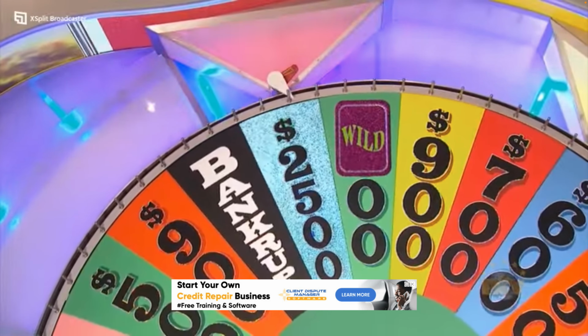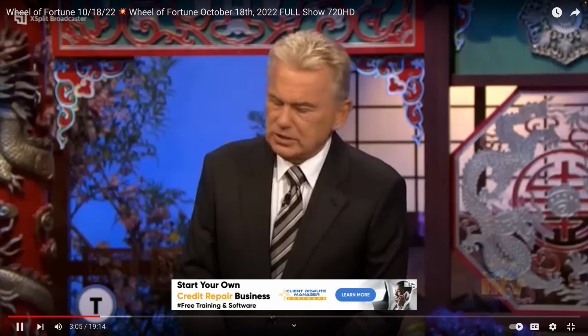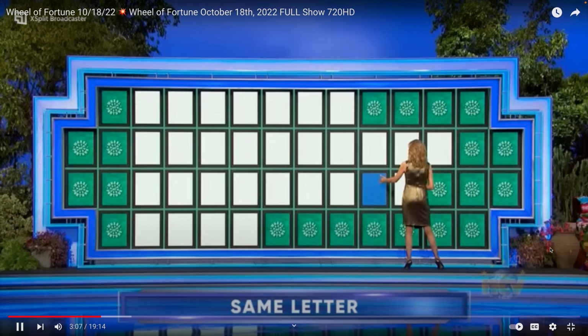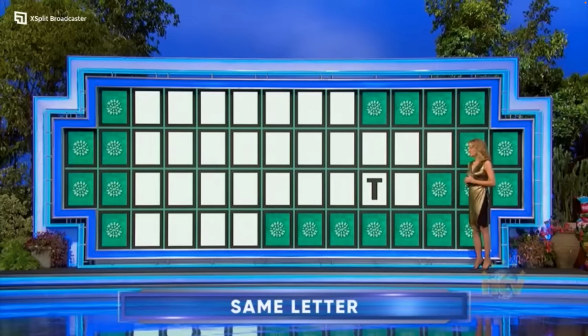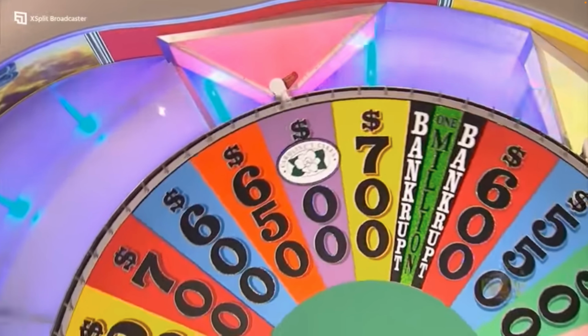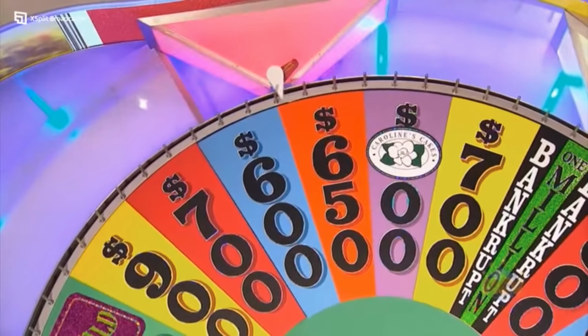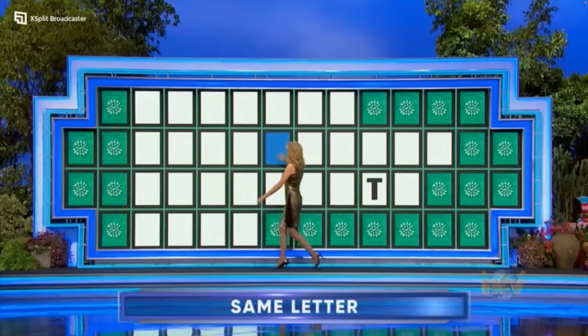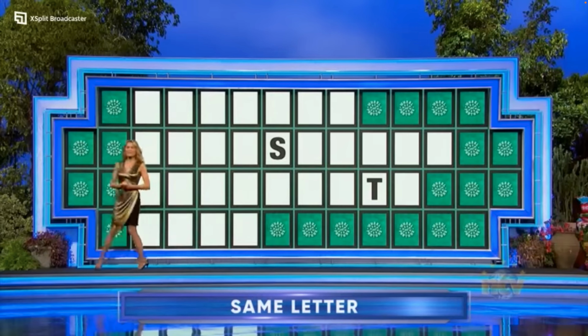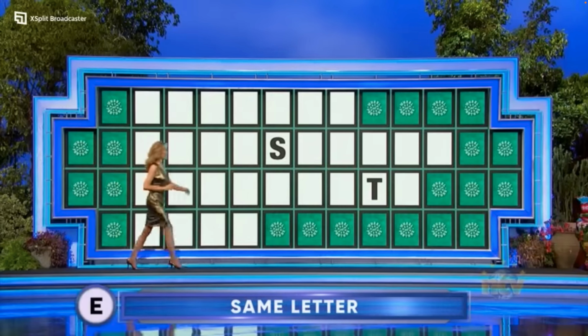And there you go. T. Well, I'm happy to say there's a T. That's worth $2,500. $650. S. One S. I'd like to buy a vowel. E. Oh, give them some E's, man.